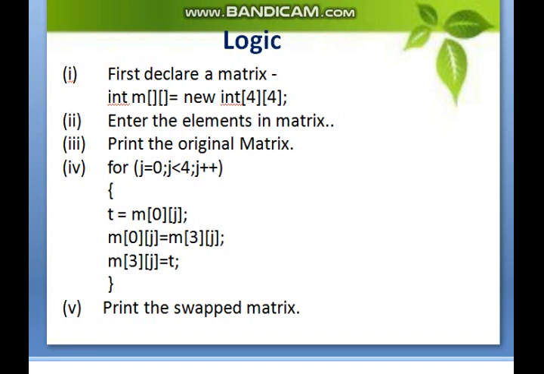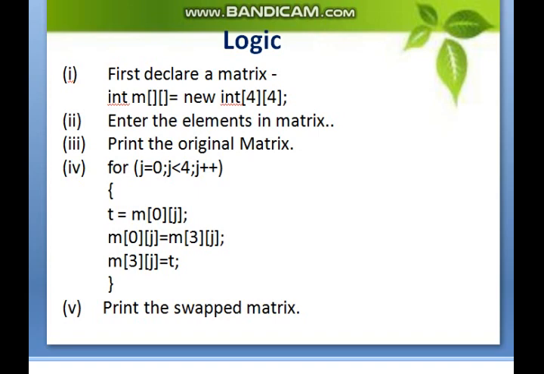Now we increase the value of j, so it changes the position of the column. j is equal to 1. Now we store the second element m[0][j] inside the temporary variable t, and then this second element of the first row is replaced by the second element of the fourth row, m[0][j] is equal to m[3][j], and after that we store the temporary variable t once again in the second element of the fourth row.